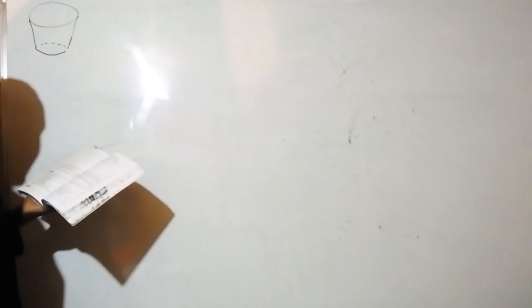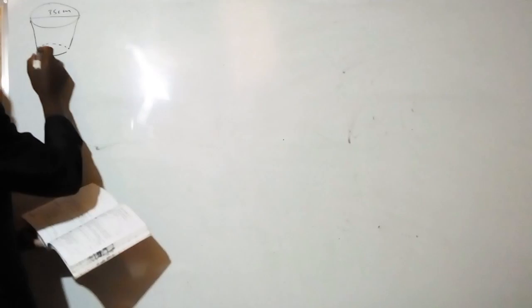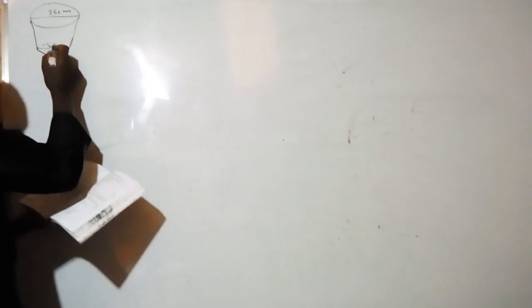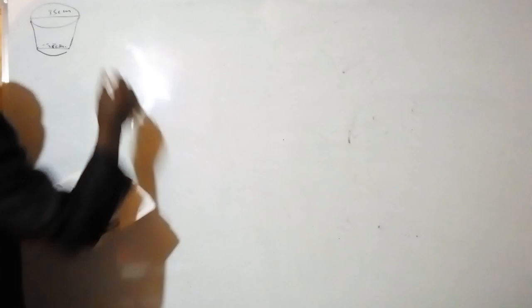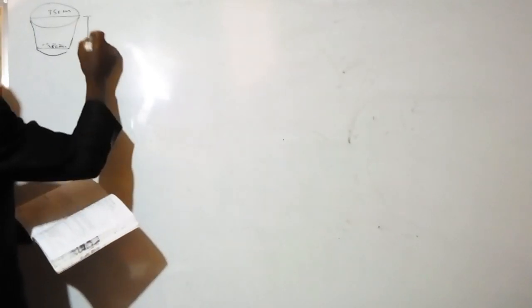The frustum represents a bucket with the open head diameter of 35 centimeters, and the bottom diameter is 28 centimeters. The bucket is 30 centimeters deep, has a depth of 30 centimeters.